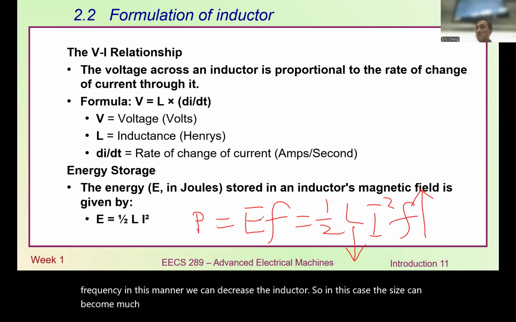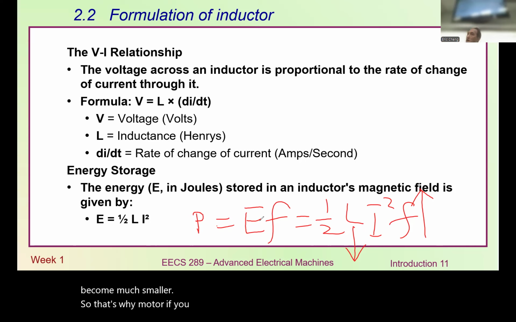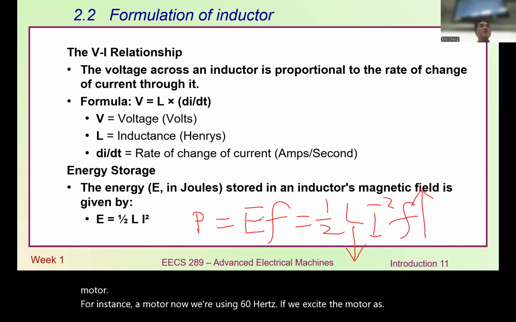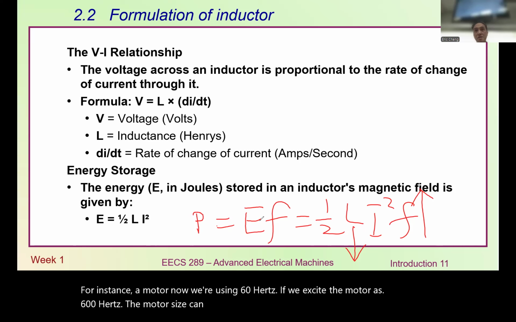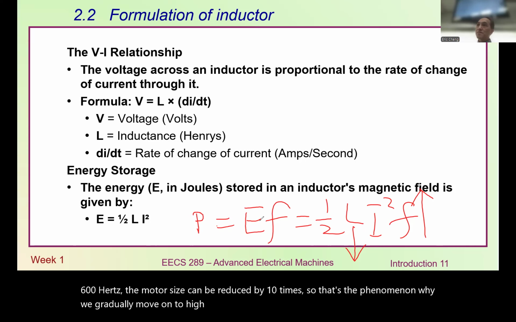That's why, if we want a motor to become smaller, we use a high-speed motor. For instance, a motor we now run at 60 hertz, if we excite it at 600 hertz, the motor size can be reduced by 10 times. That's why we gradually move on to high-speed motor operation.